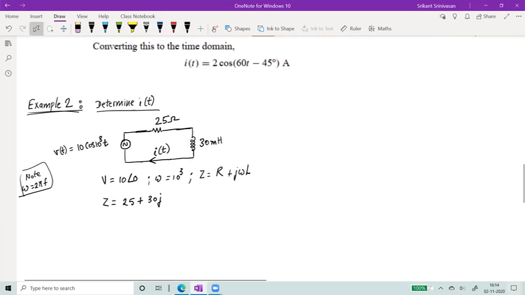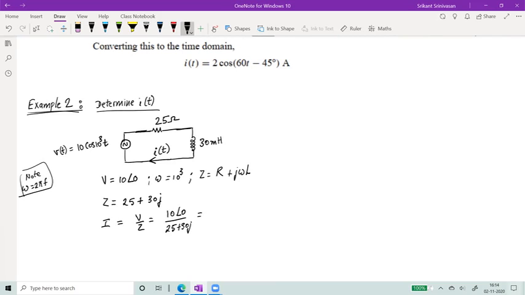What is the current? The transform current in the frequency domain is voltage divided by Z, V over Z, that is 10 angle 0 divided by 25 plus 30j.